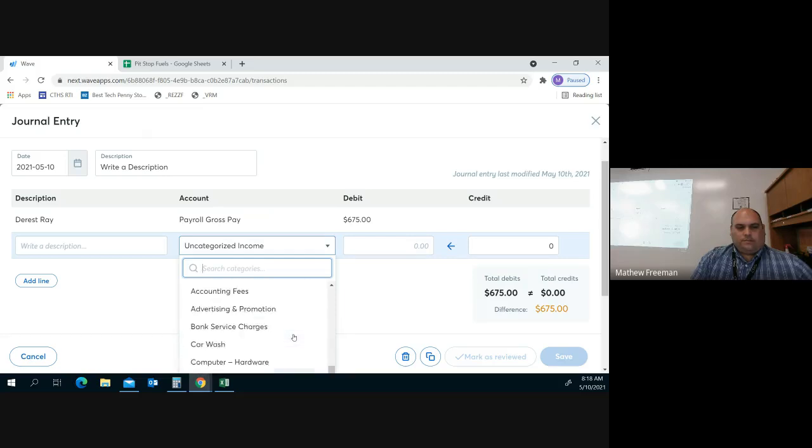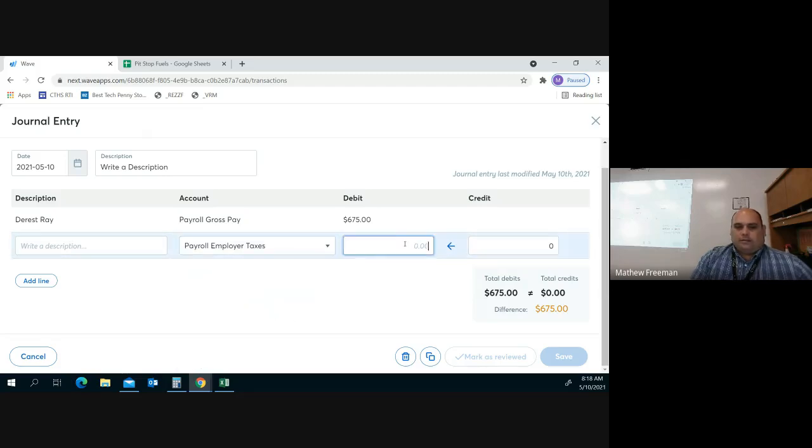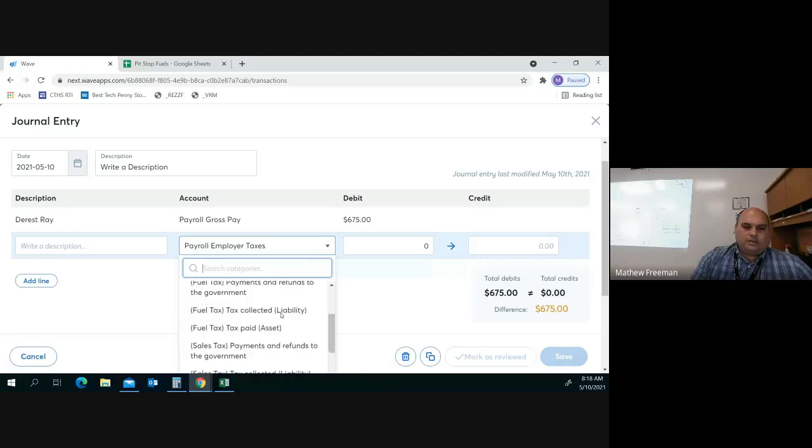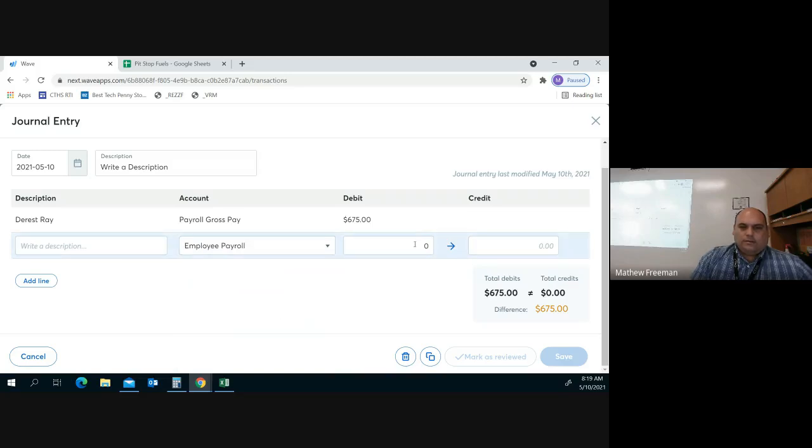And really, there would be two of these. I didn't create them. We should have an employer and an employee. But the concept, that can be debit. Oh, yeah, this one's going to be debit. Sorry. No, since we did gross pay, we don't have to do that one. We can go right here, and we can put the credit here.